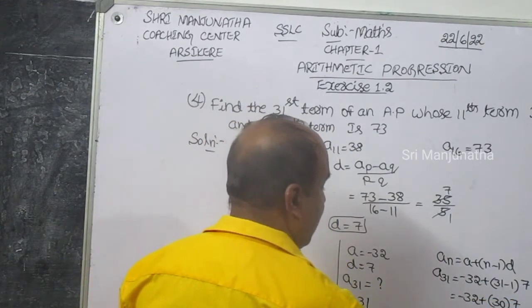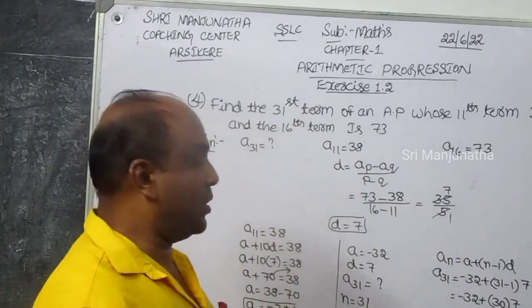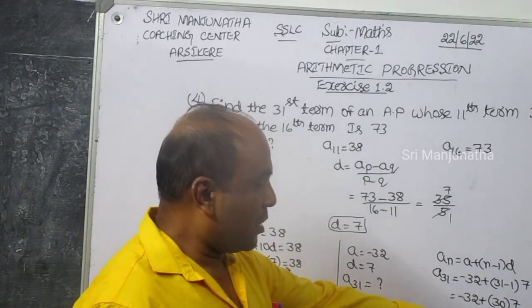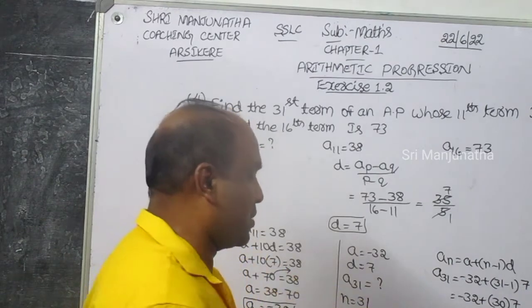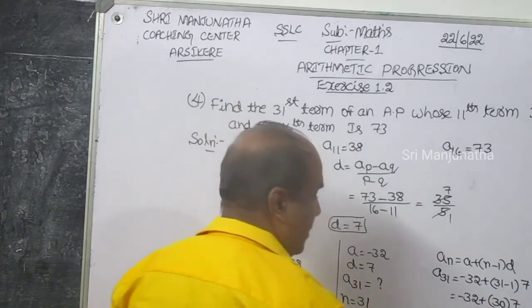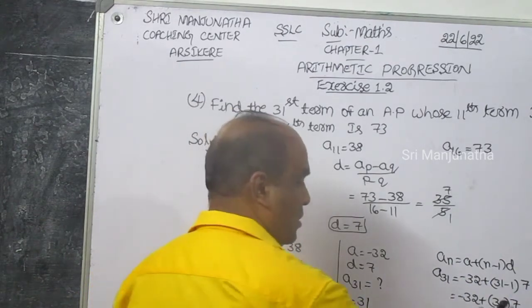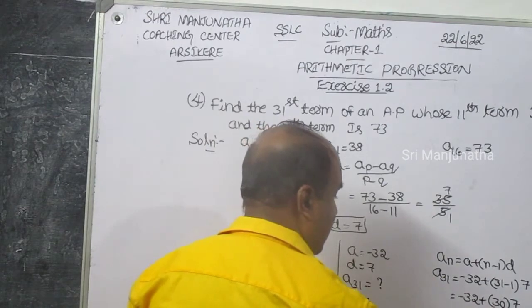Minus 32 plus 30 into 7. First we have to remove the bracket. Plus into plus is plus; 7 30s are 210.